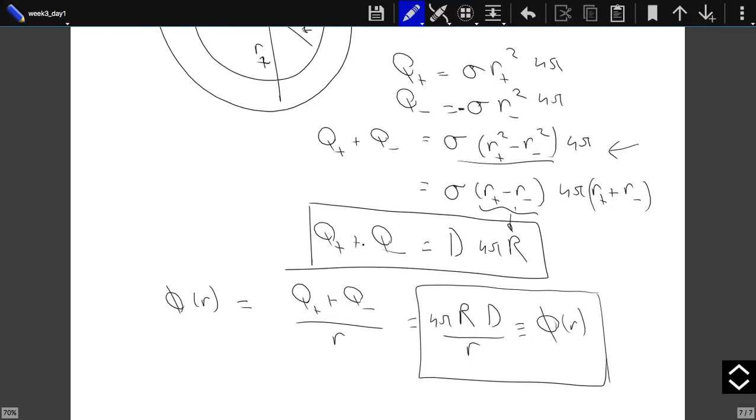And then Q plus plus Q minus is 4 pi R times D. And so our expression for the potential is non-zero. So in one of the derivations, in some place, we are making a mistake. What is our mistake?